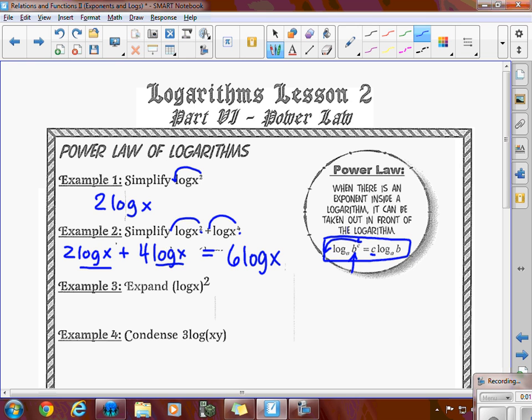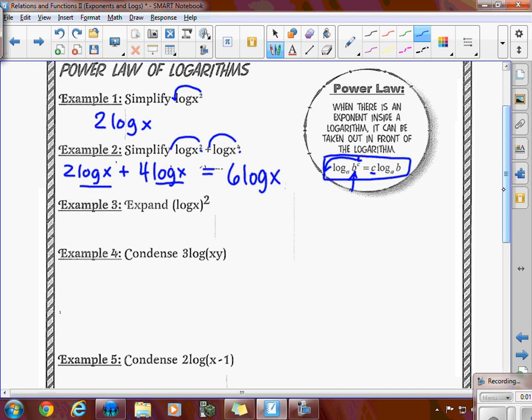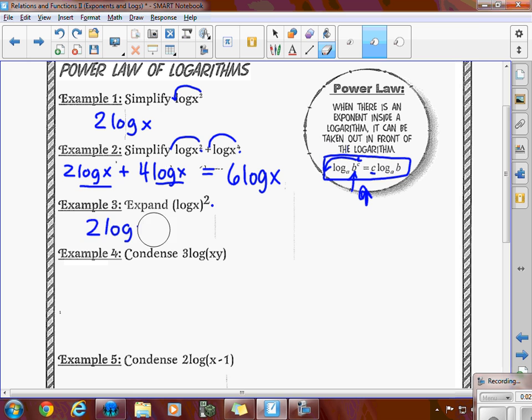Example 3, you really have to examine and pay attention to this type of question. It is sort of a trick. If you look at it, it does have an exponent. So the tendency would be to say, okay, that exponent can come down and I'm left with 2 log x. Unfortunately, that would be incorrect. If you examine back up here, the power law for logs, the exponent has to be sitting simply on that stuff, not on the whole thing.